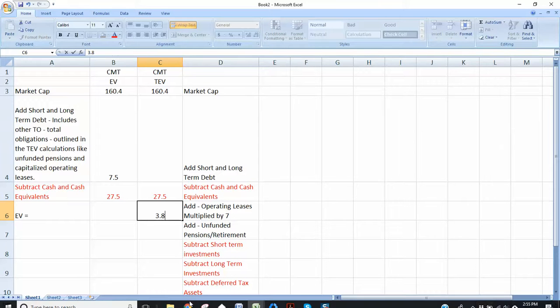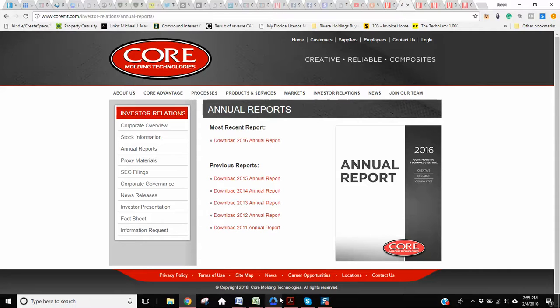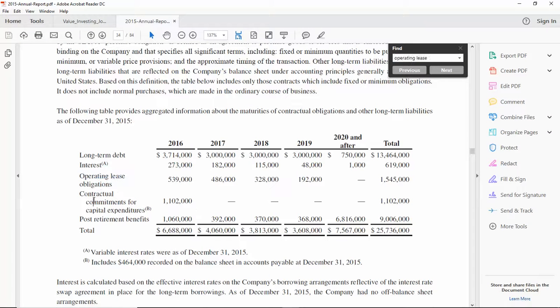We need to look for deferred tax assets as well. Before we get to that, this number, let's see, and anytime I see this, go to note B, accounts payable. So I wouldn't include this because it looks like it's a short-term thing. About 40% of this was recorded on the balance sheet as an accounts payable, so I wouldn't include this number. In some cases I would, but you just have to use your judgment.